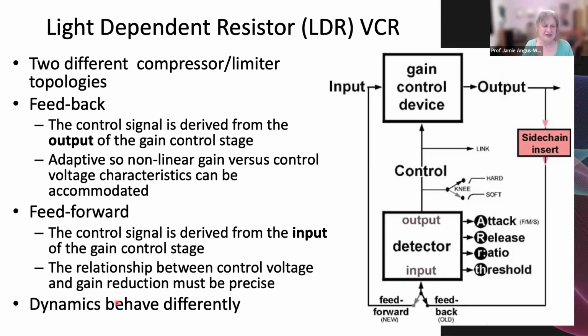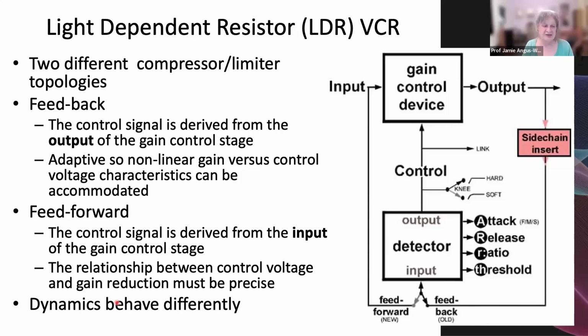One is the feedback topology, and that's where you derive the control signal from the output of the gain control stage. So, for want of a better term, the detector sees the effect of the gain control device. Now that's really helpful, because if you've got nonlinear gain versus control voltage characteristics, it's easy to accommodate them.